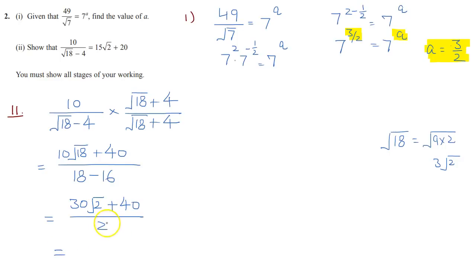Now cancel each by 2. 30 over 2 is 15, so 15 root 2 plus 20. It's 15 root 2 plus 20, and that is what we were supposed to prove.